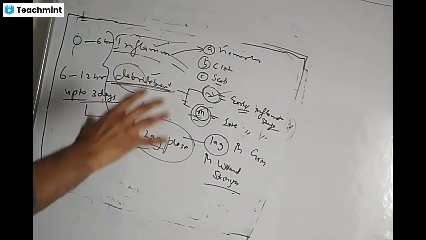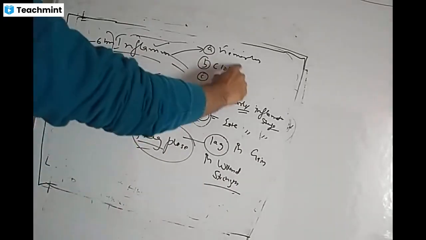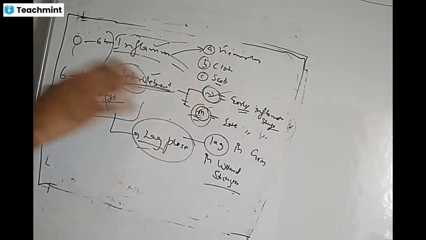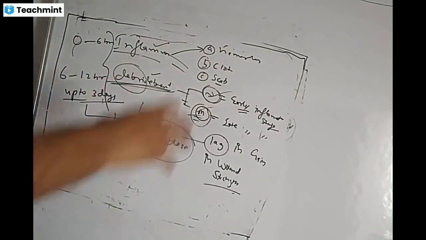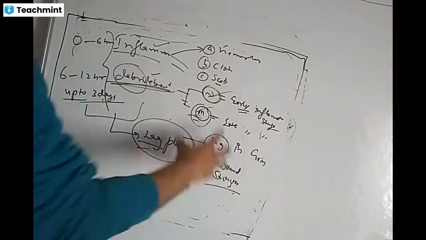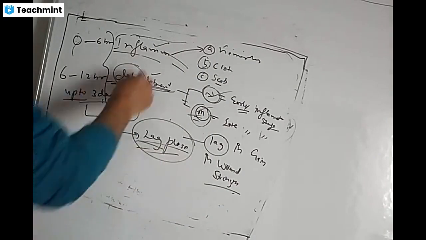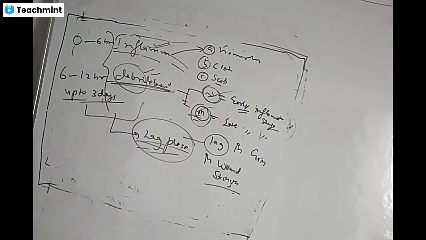So the strength of the wound edges is weak. This clot was giving a little bit of strength to the wound edges, but no true strength is gained. So there is a lag in the gain of wound strength. So this is known as lag phase, which is constituted by the inflammatory and debridement phase.